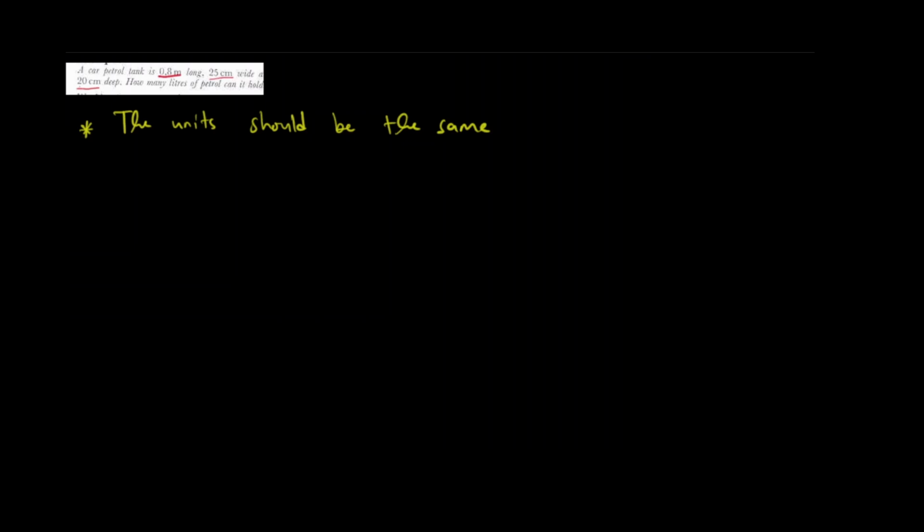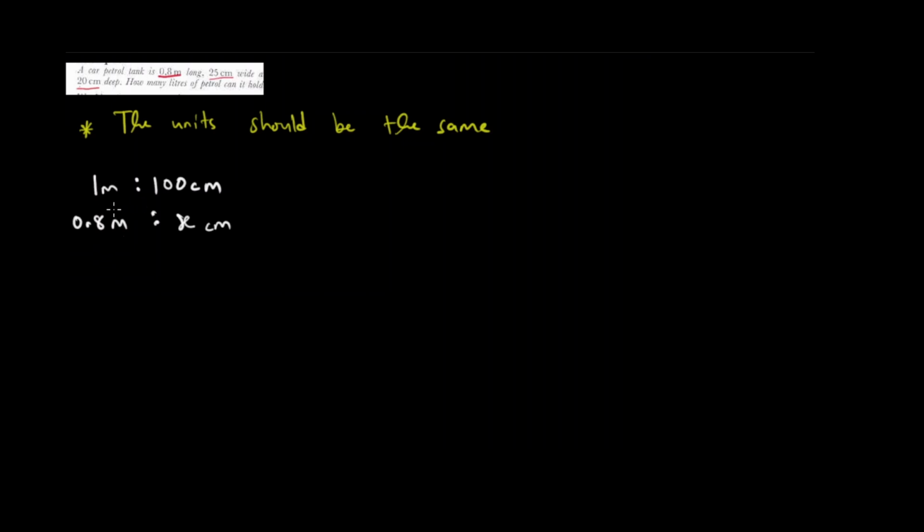Now answering our question, the first thing we do is convert 0.8 meters to centimeters. I'm going to use proportion. You can use any other method you are most comfortable with. Using proportion, we know that 1 meter is equivalent to 100 centimeters. How about 0.8 meters? It is equivalent to x centimeters, where the letter x is used as a variable, an unknown.